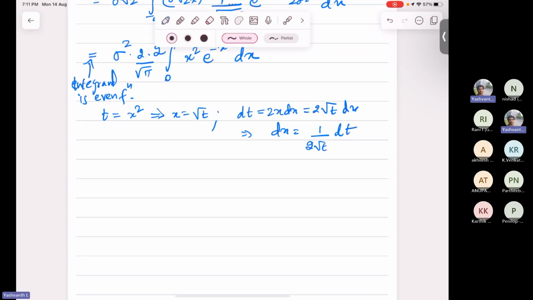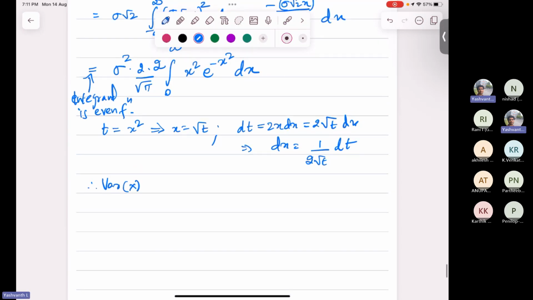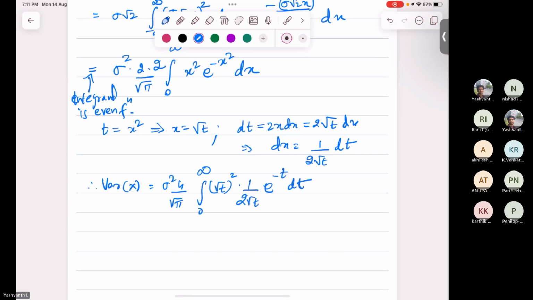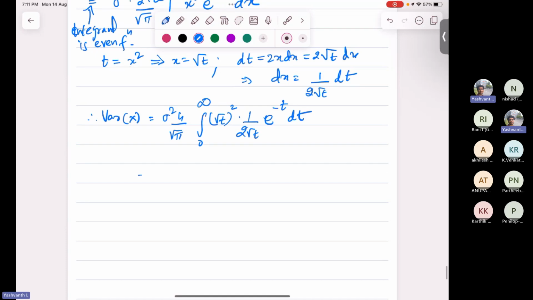Therefore the variance of x, the above integral, becomes sigma square into 4 by root pi, integral 0 to infinity of root t square into 1 by 2 root t into e power minus t dt. You can write this as sigma square into 4 by root pi into half, because I'm just taking the half outside, integral 0 to infinity t power 3 by 2 minus 1 into e power minus t dt.